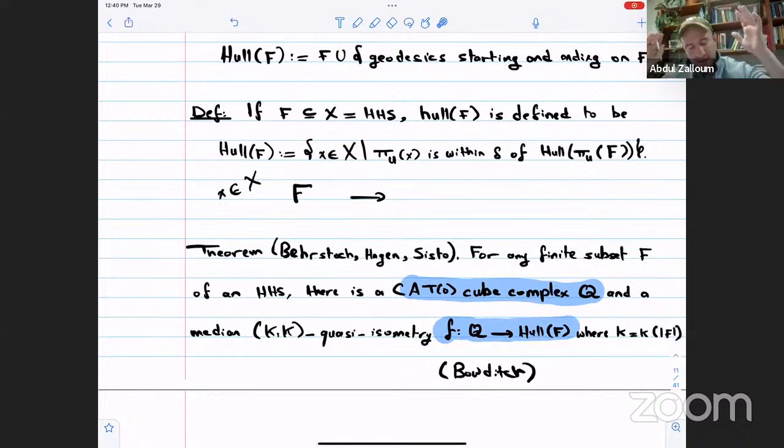So you can approximate the hull of this finite set F by a CAT(0) cube complex where the quality of the approximation only depends on the cardinality of F.